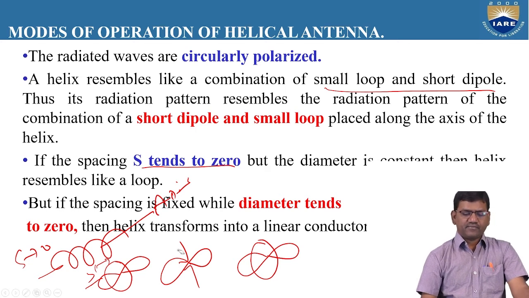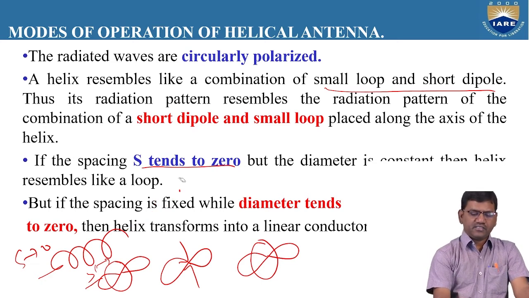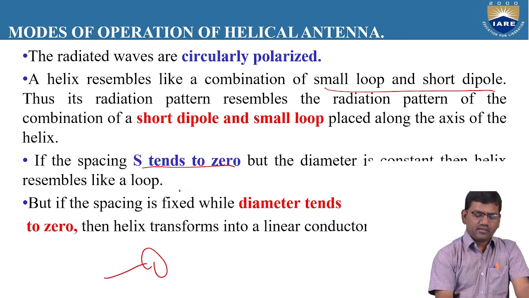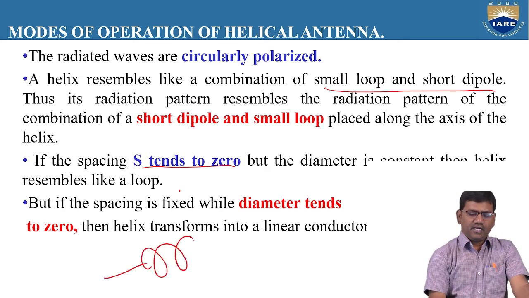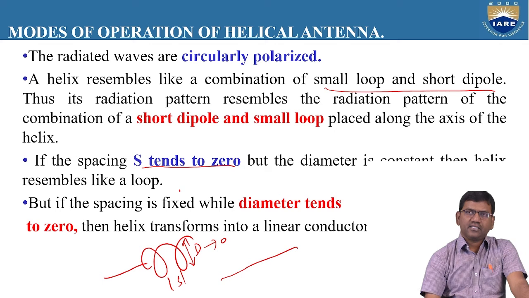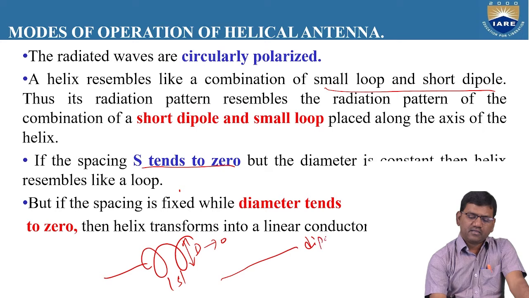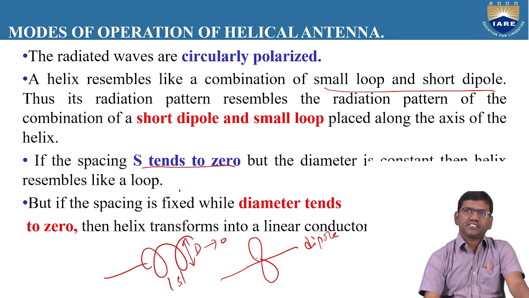But if the spacing is fixed while the diameter tends to 0, you can see here, this is the loop, and if the diameter tends to 0, that means the spacing is fixed, then it becomes a linear conductor. Right? So this linear conductor is nothing but a dipole antenna, whose radiation pattern is bidirectional.